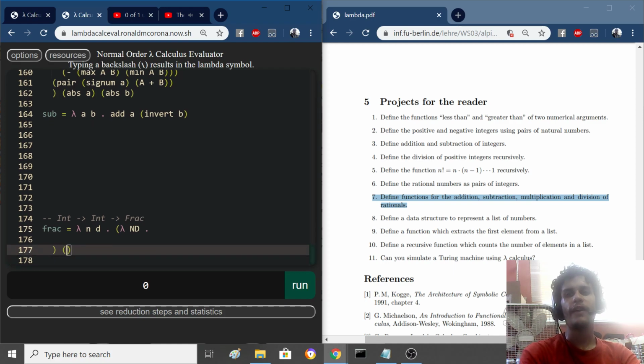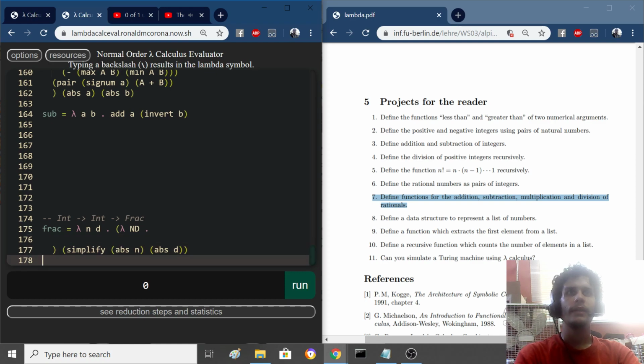And by simplify, I mean simplify their absolute values, because the sign doesn't really matter when doing this simplification, where we basically divide the A and the B by the GCD, the greatest common divisor. So what do we want to simplify? Abs n, abs d. All right.